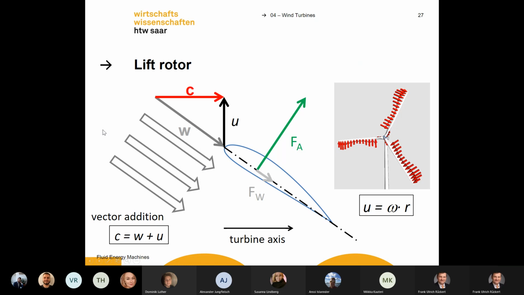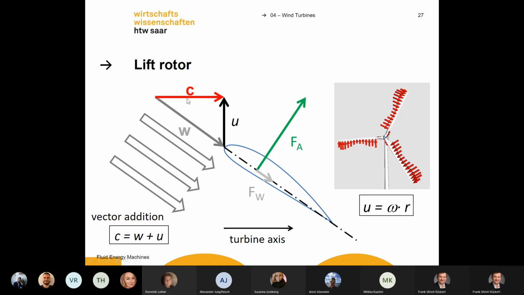Okay, how does the fluid act on the wing? If we look at our turbine axis here, and we have the wind velocity.